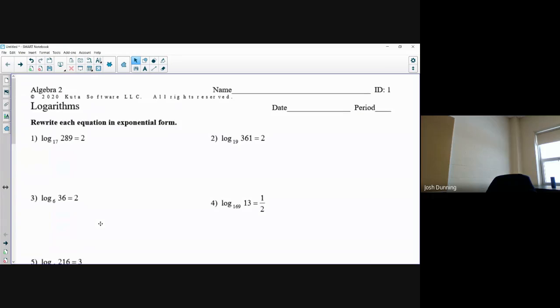Now, the next thing that we're going to learn about, we've only got a little bit of the year left, but logarithms. Before I go over these, I just want to mention something. If you have an exponent, the number that gets the exponent, that's called the base.